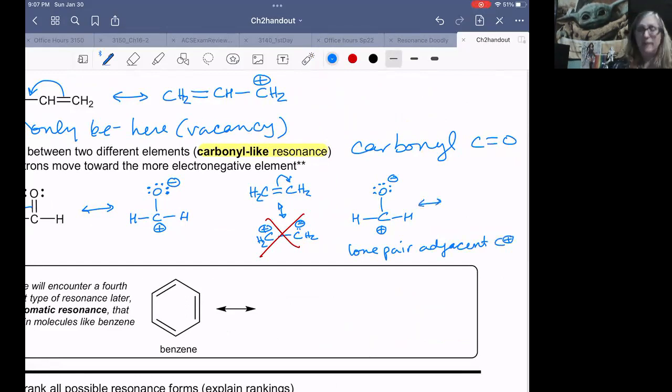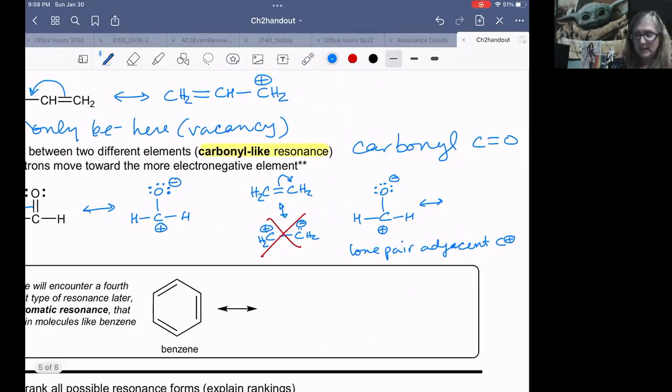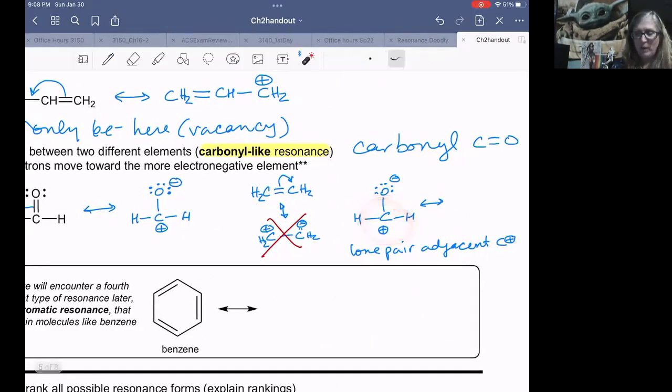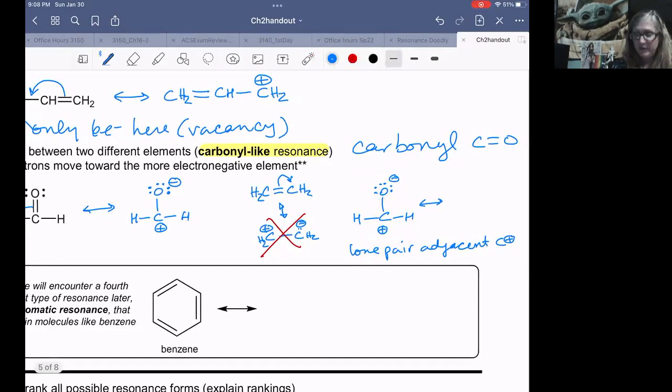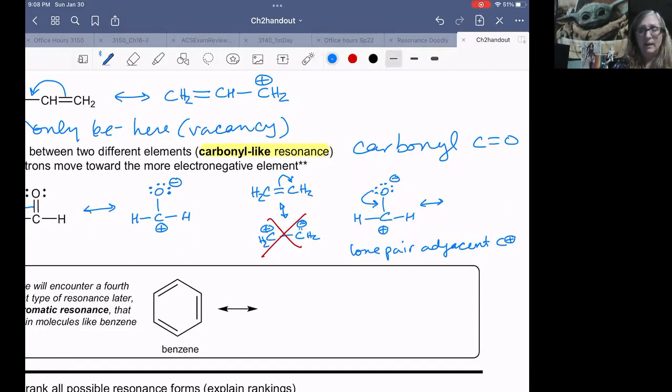Do you see how there's another resonance form I could draw for this? I have an atom with a vacancy. He's missing an octet. Right next door, I have a lone pair, someone who could fill that octet. So sure enough, I would expect that lone pair to come back in and be a pi bond.